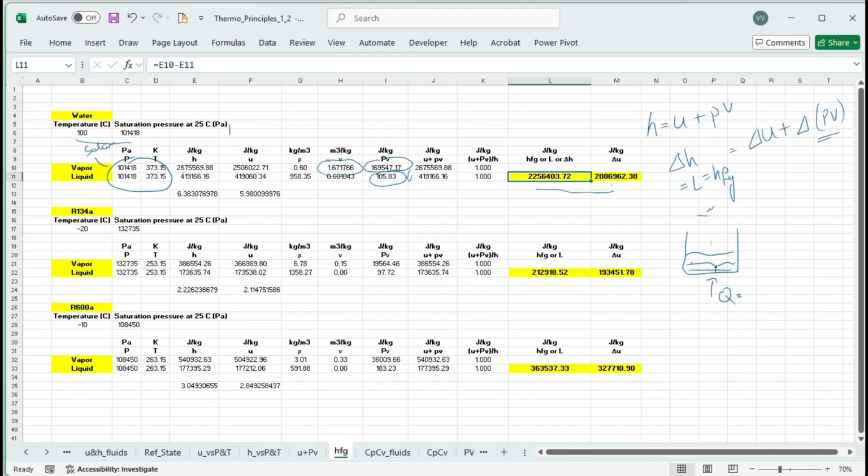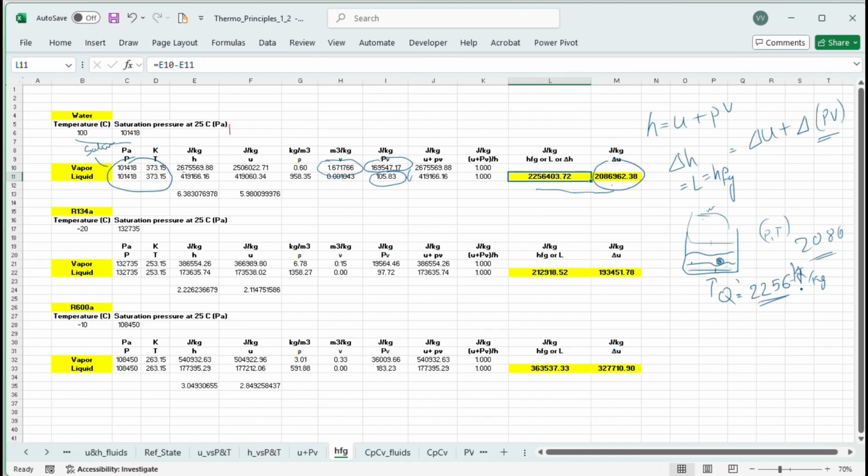If you thought that we have to only account for internal energy, you'll take the internal energy of this fluid initially and then the internal energy of the vapor at the same pressure and temperature of boiling. But then you'll get this number. But you'll see that you actually spend a lot more than that. You spend 2256 kilojoules per kilogram instead of the 2086.